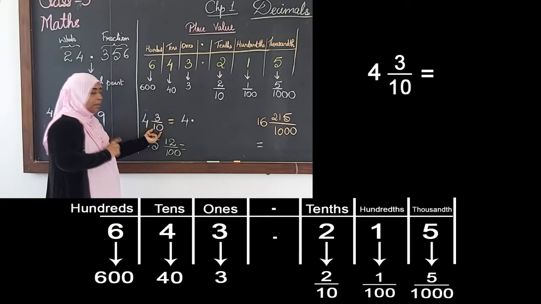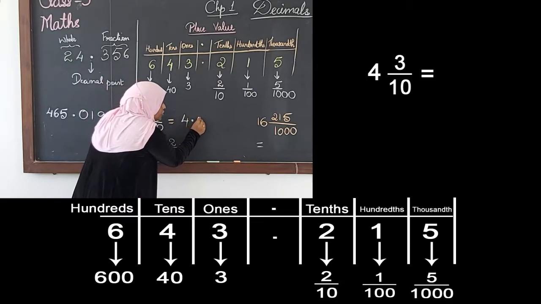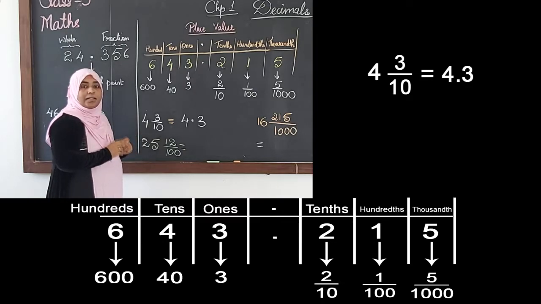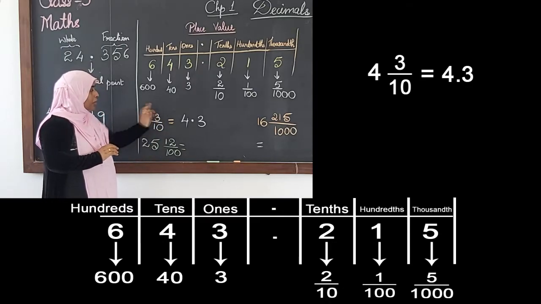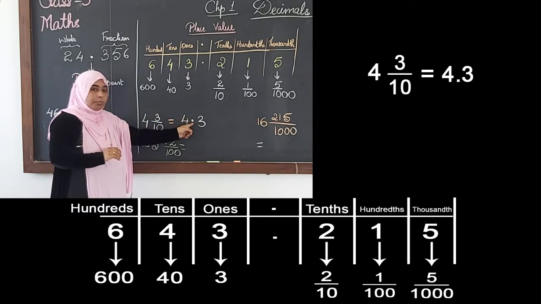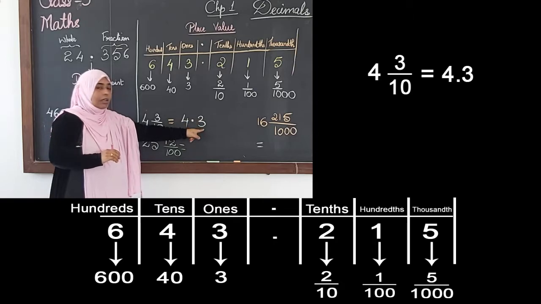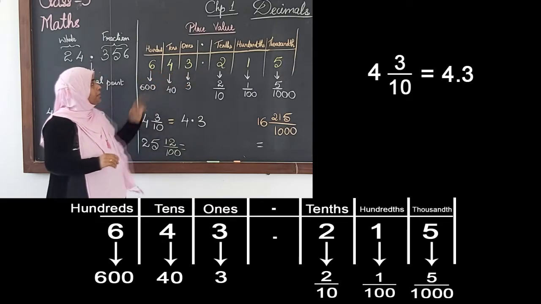The first place after the decimal point is tenths. So 3 out of 10 means it is 4.3. So 4 is the whole number, then the decimal point, then 3. How will we read it? 4.3.